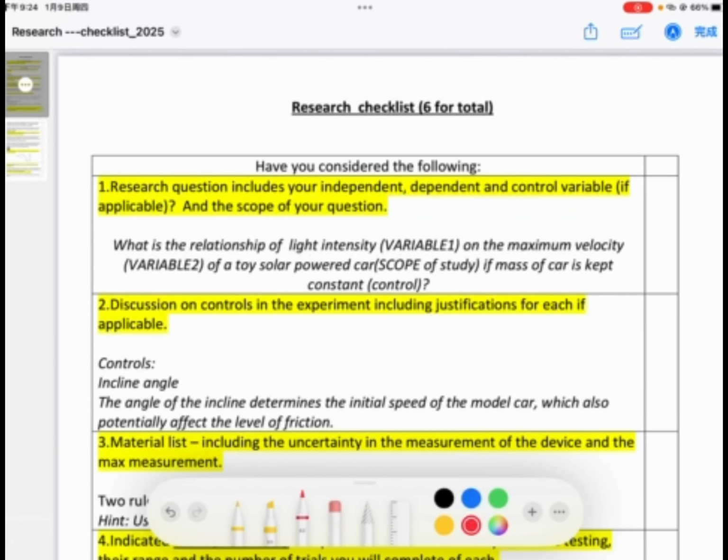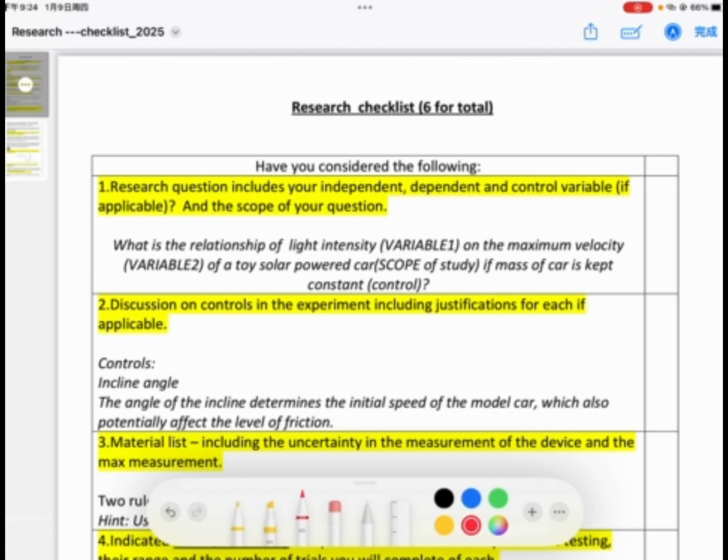All right, now let's start with the first part of your internal assessment for the IBDP physics, which is research design. This is a checklist that I developed for you to check whether you have included all the specific elements in your report to get a good mark in this section.